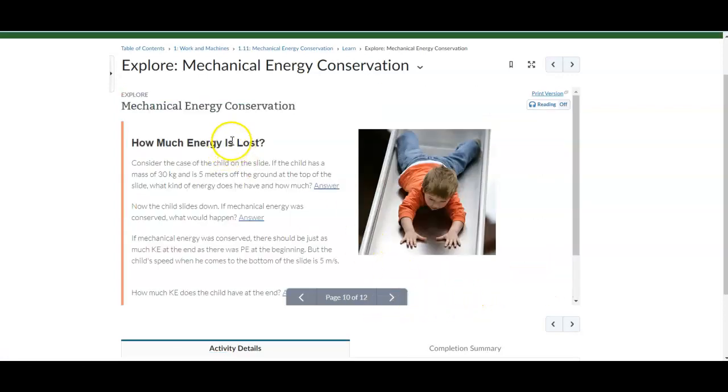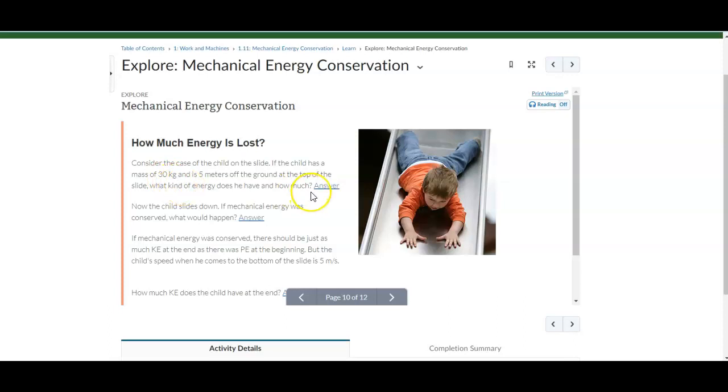All right, so how much energy is lost? Consider the case of the child on the slide. If the child has a mass of 30 kilograms and is 5 meters off the ground at the top of the slide, what kind of energy does he have and how much? So this looks just like what we plugged in last lesson. We have his mass, 30 kilograms.